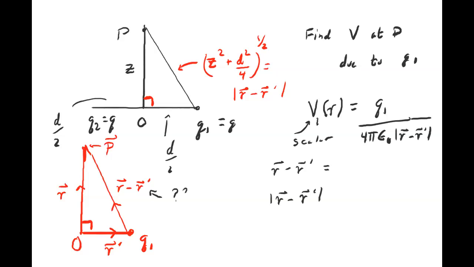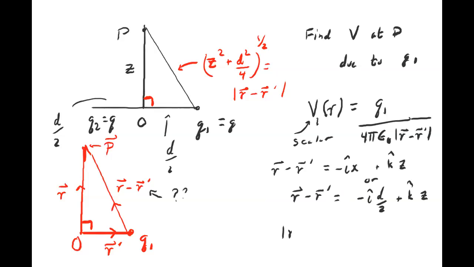It is simply, we've seen this before, i hat x plus k hat z, or in this particular example, R minus R prime is just minus i hat d over 2 plus k hat z.